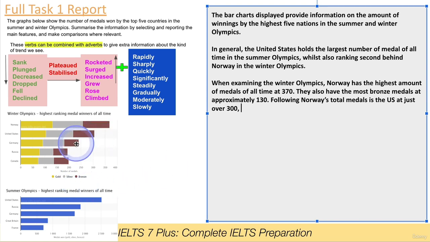There's quite a difference in numbers here. It goes from just over 300 to 240, so there is quite a significant drop.